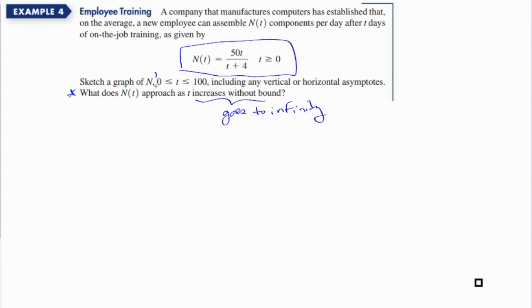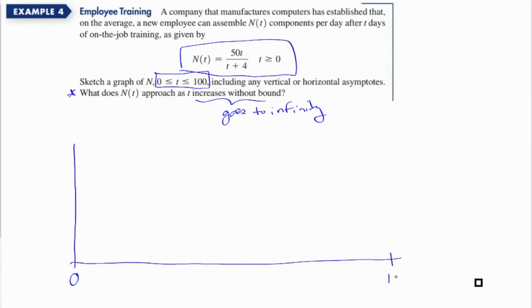We are using a domain of 0 to 100, so that's our x-axis. And the vertical asymptote comes from the denominator, so t plus 4 equal to 0 gives us t equals -4. Well, our x-axis is t, and they want us to start at 0, so we will not see this vertical asymptote.